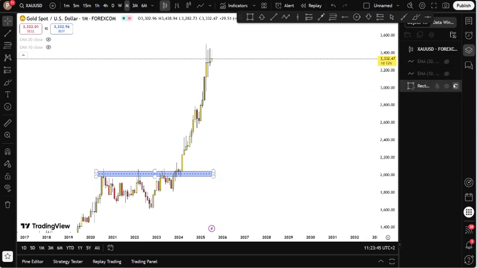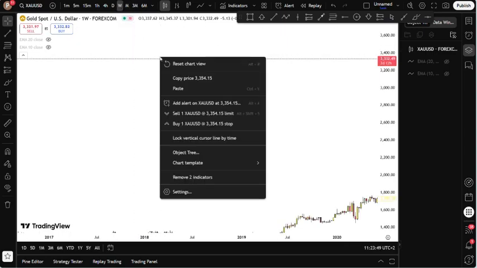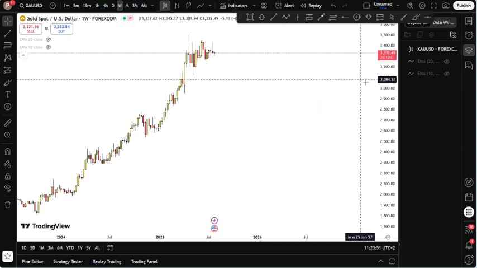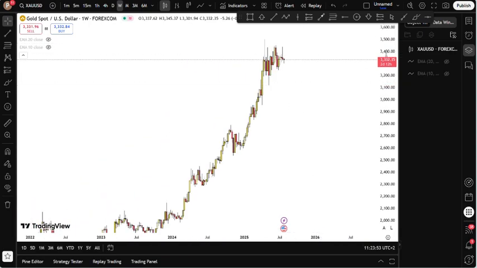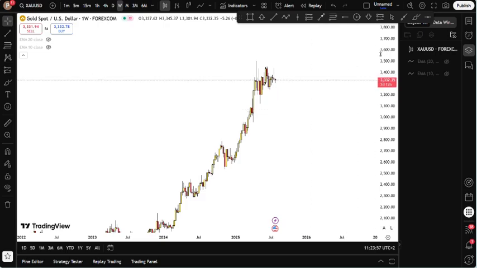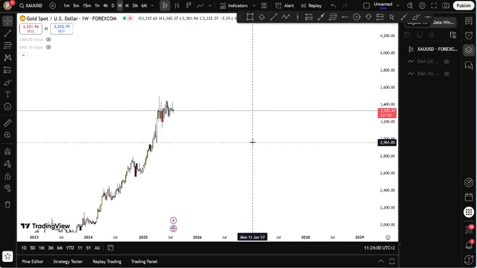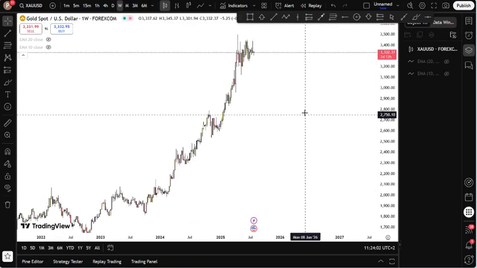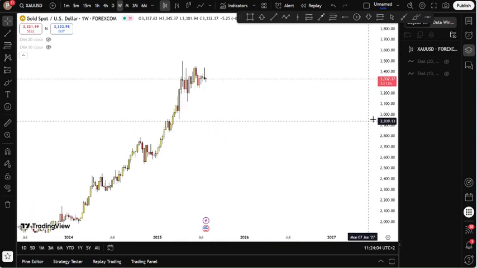Now let's drop down to the lower time frame, which is the weekly. What can you see here on the weekly time frame? Since I explained the basics of support and resistance, we have to mark out strong zones.